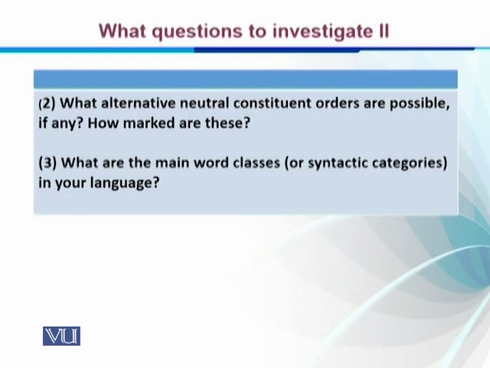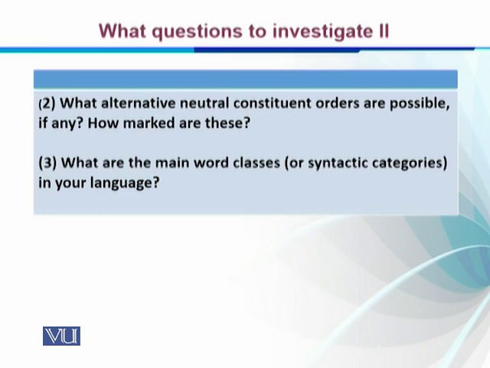If there is some other neutral constituent order, for example, in languages like Latin, it's very difficult to find any fixed arrangement of constituents, because there are certain markers which tell that this word is subject, this word is object, this is verb, and they can be found anywhere in the sentence.